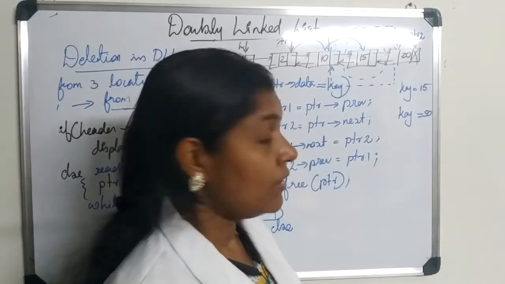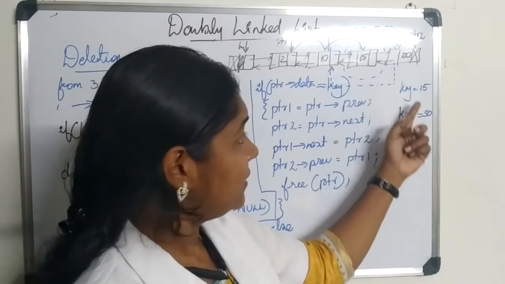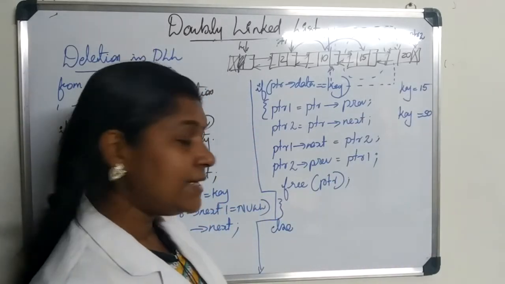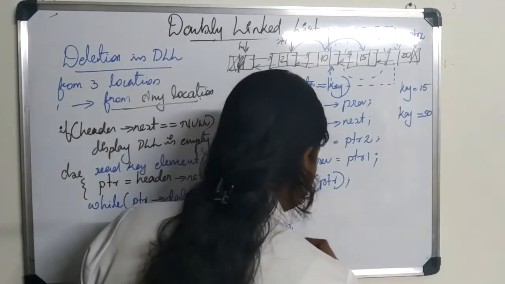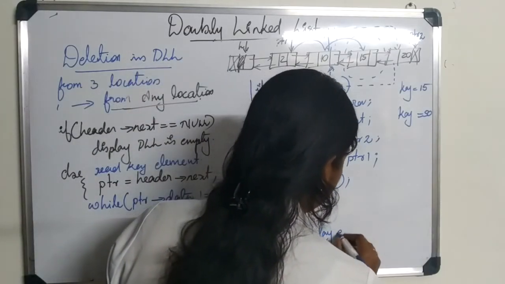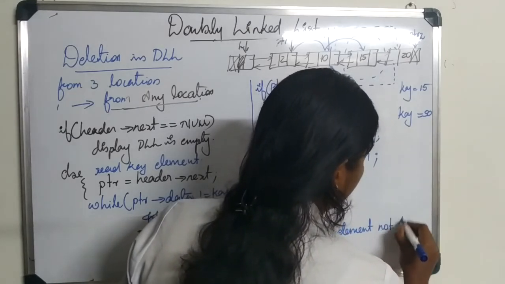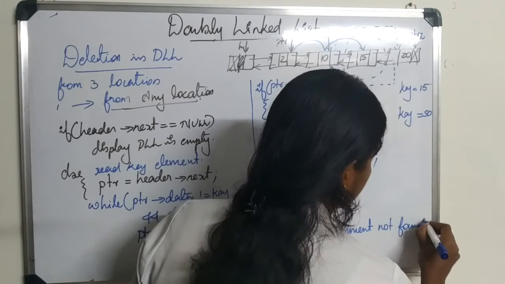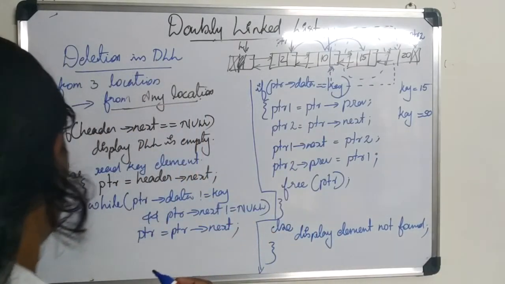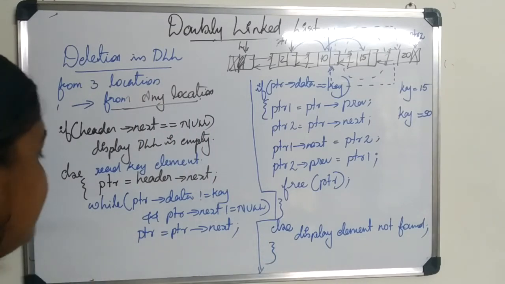No, we couldn't find our key element 50. So in that case, the result is key element not found. In the else case, you display that, and you close the entire function.